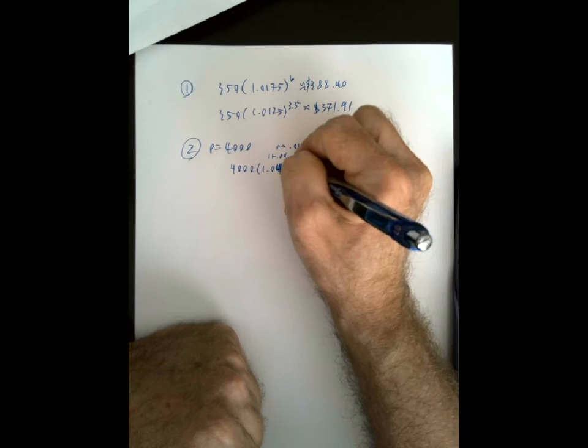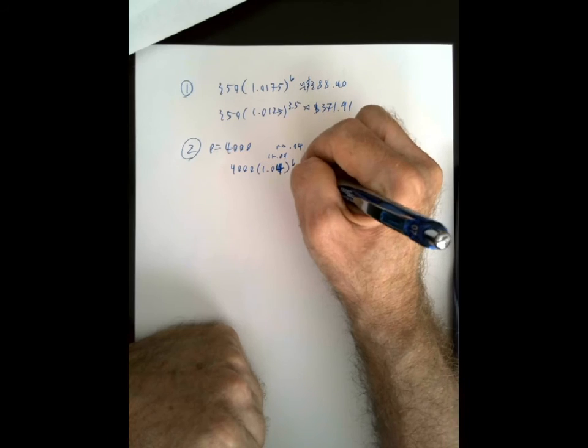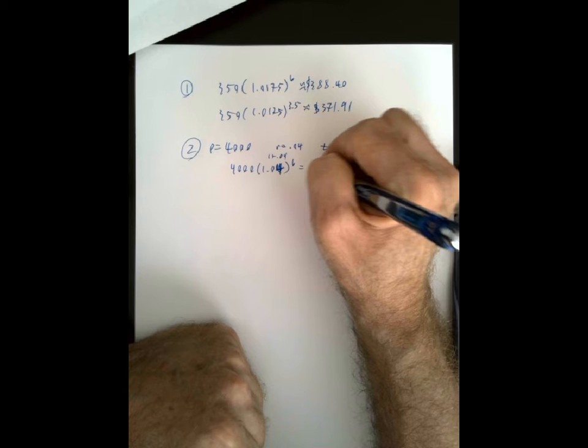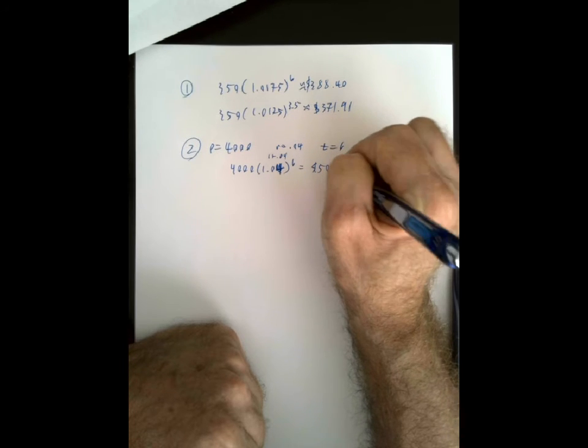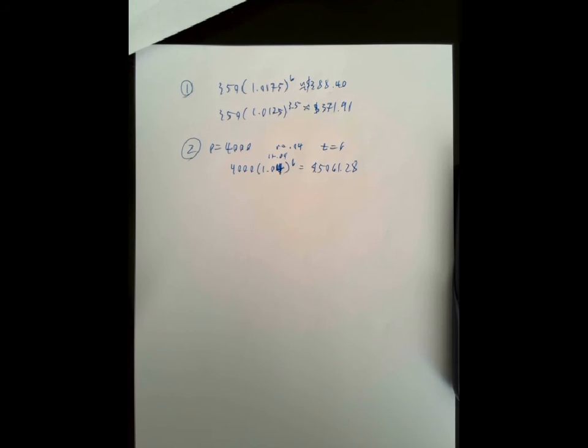And then to the 6th power, so 1.04 exponent 6 times 4,000. And after 6 years, you've got $5,061.28.